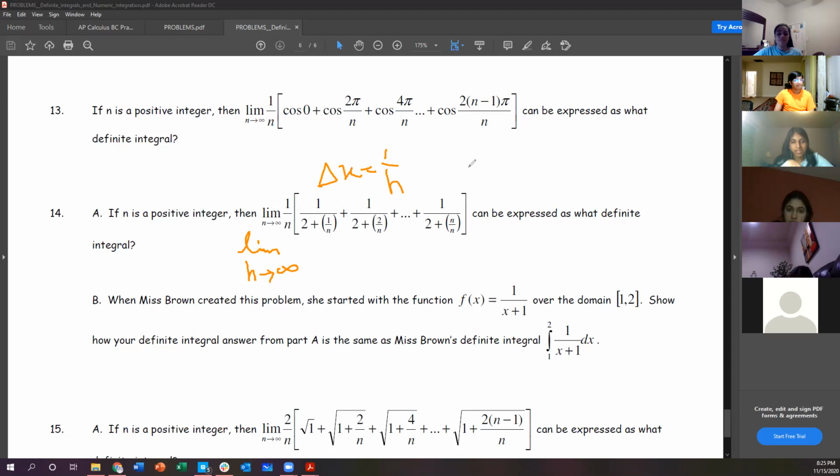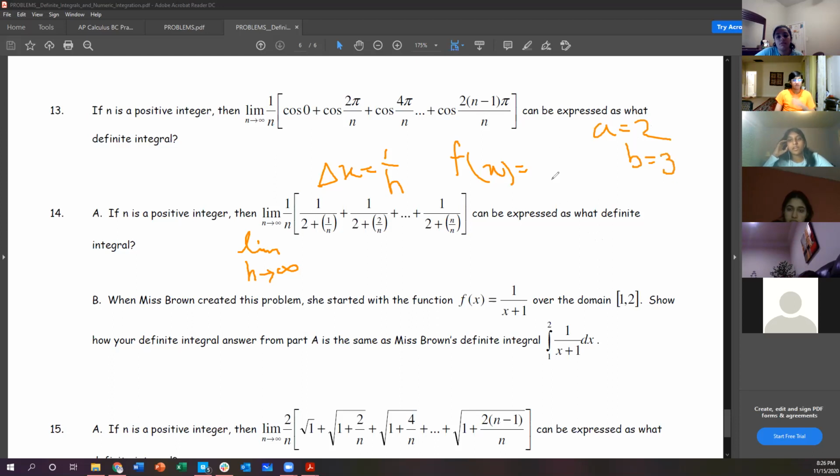And then in the actual expression, we see it's 1 over n times 2 plus something in the parentheses, so that's delta x times the function of 2 plus i delta x. So 2 is A, because that's the starting point. Good. And from that, we can also find B, which is B minus 2 over n equals 1 over n, so B should be 3.